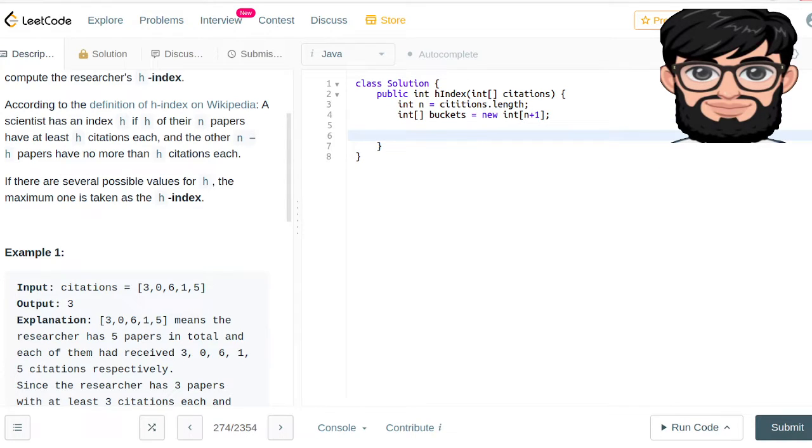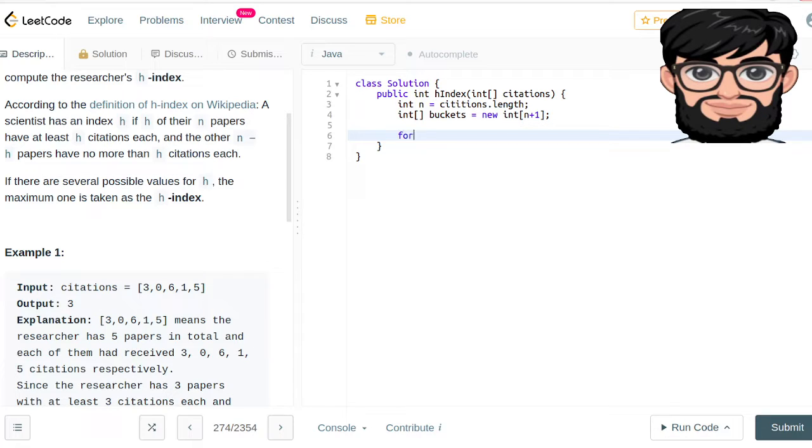Okay, what we're going to be doing is this: the citation value, like 3, 0, 6, 1, 5, either it can be more than the total number of papers he wrote, or it can be less than that. If it is more than that, we're just going to keep it in our biggest bucket, because the answer cannot be more than the total number of papers he wrote.